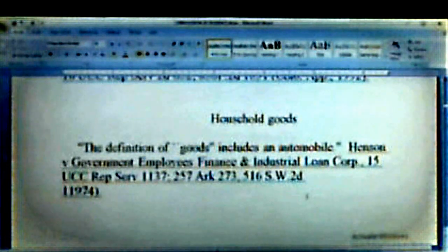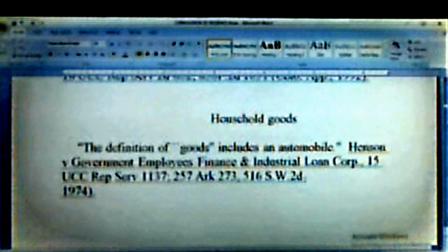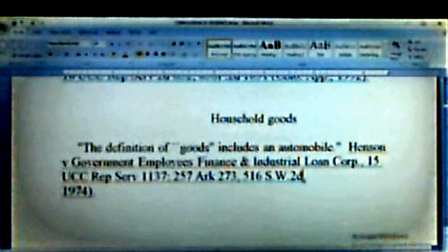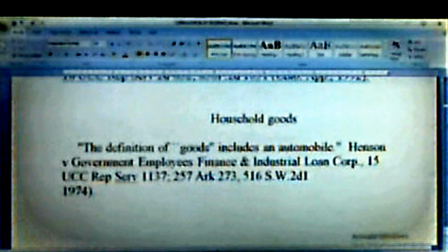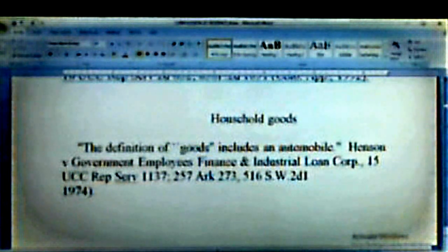All of this applies in every state. And this one's in 1974, so again, we're getting even closer to our time and date. I was a little kid when this one was done.